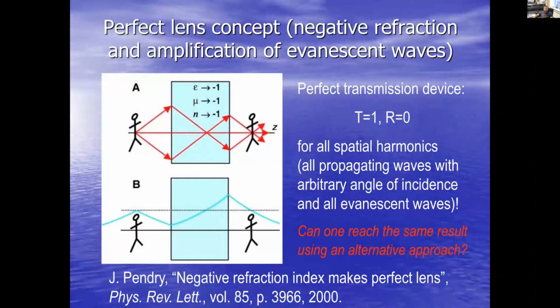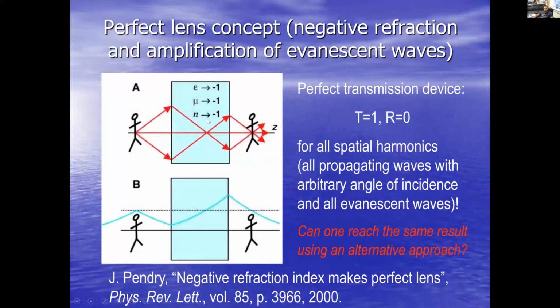So the story starts from a very interesting proposal of Sir John Pendry, who proposed to consider a slab of material with epsilon close to -1, mu close to -1, and as a result, index of refraction close to -1.